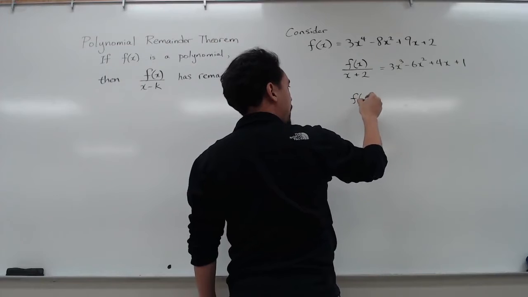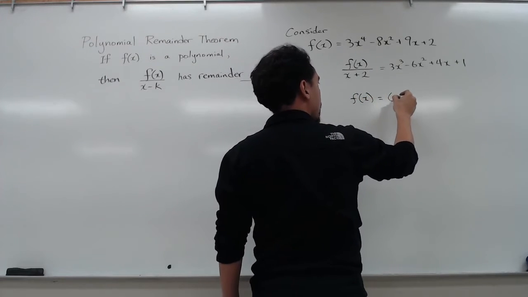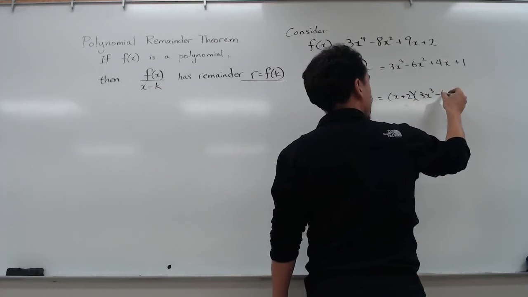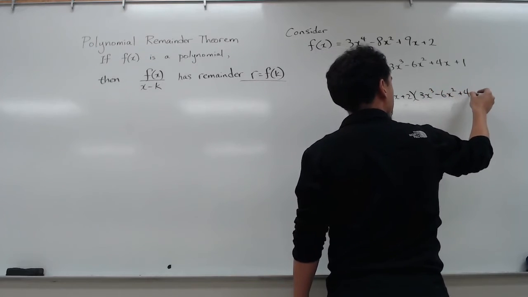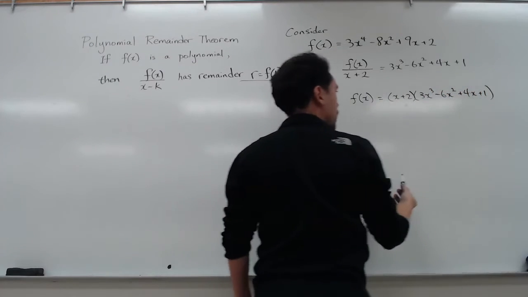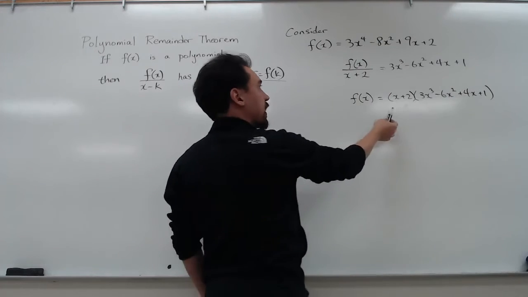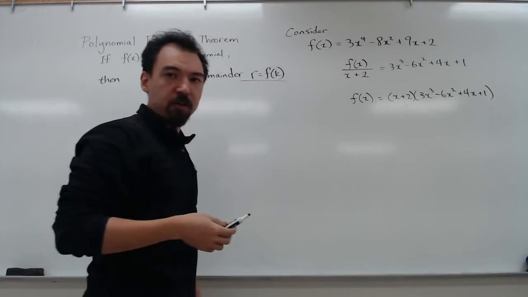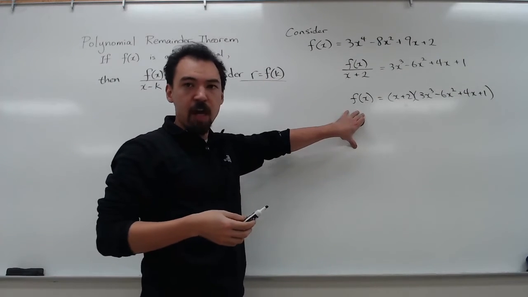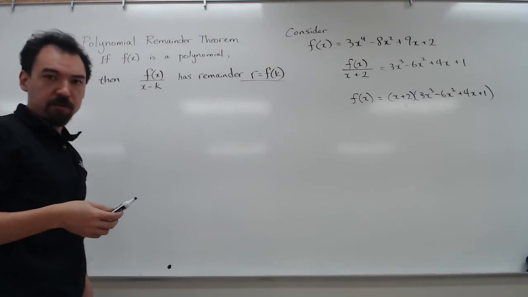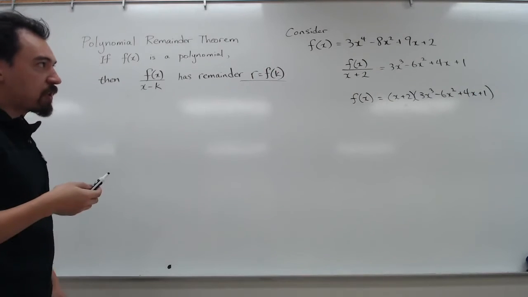That will get us f of x equals x plus 2 times 3x cubed minus 6x squared plus 4x plus 1. Now, if you take this and expand this out, guarantee it will be the same thing as that original polynomial, hence f of x equals. But what we have here is a factored version of the original by doing this process.